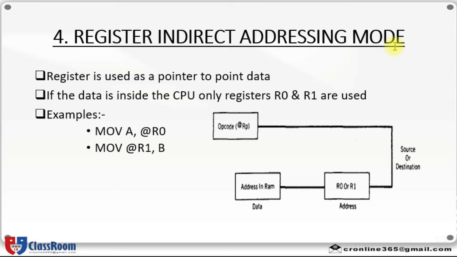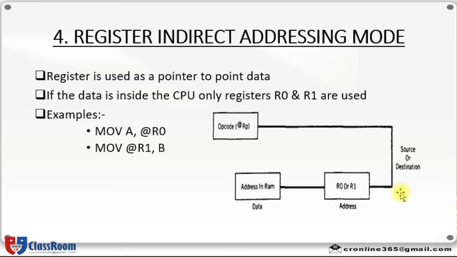A register will be used as a pointer to the data. If the data is inside the CPU, only registers R0 and R1 are used. So you can note that the opcode can be @Rp. For example, MOV @R1, P, or the inverse of this one.